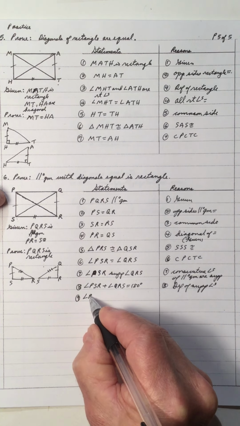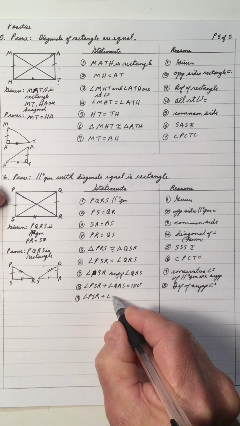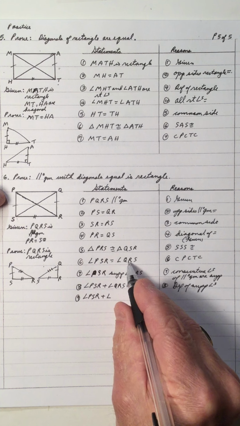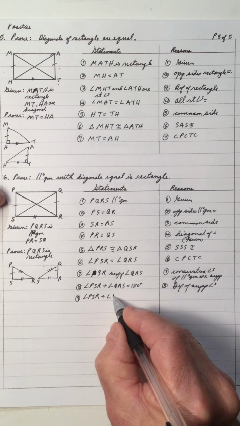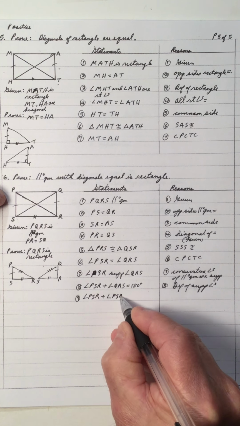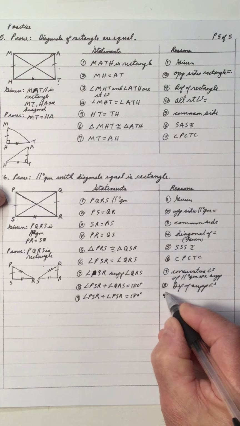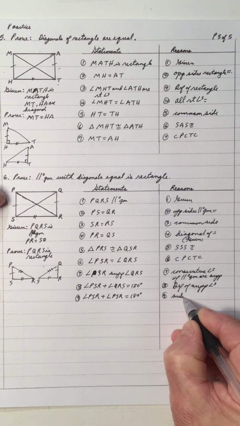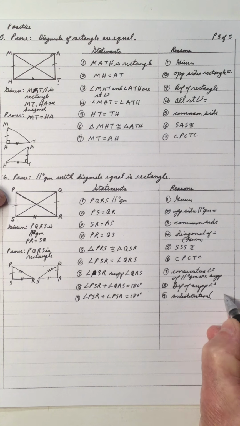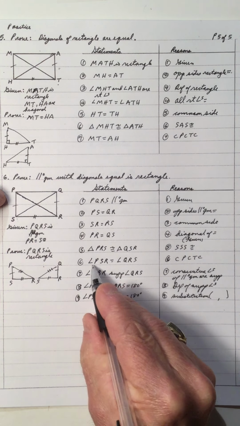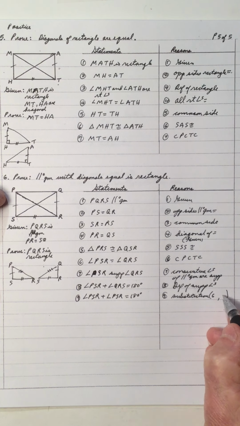So angle PSR plus angle, remember they're equal, so QRS is being replaced with angle PSR by substitution, and that substitution is occurring in number 6, where they're equal, and number 8.